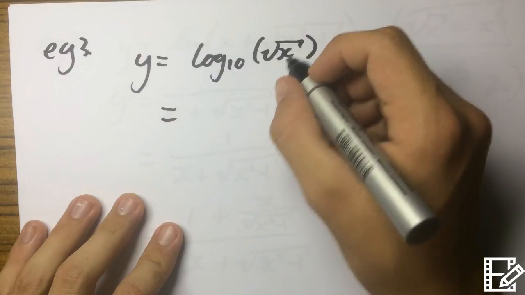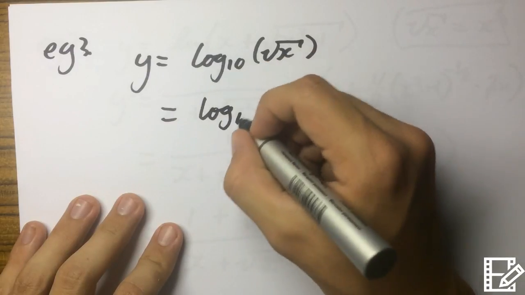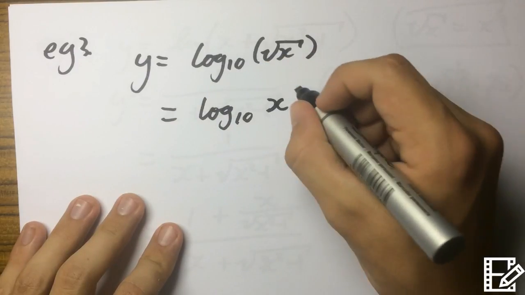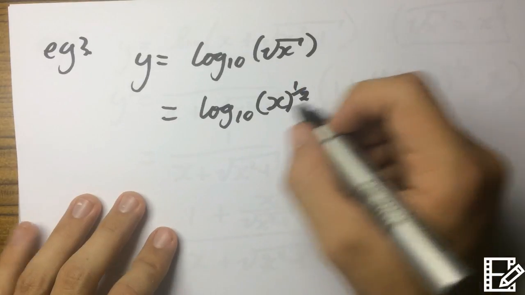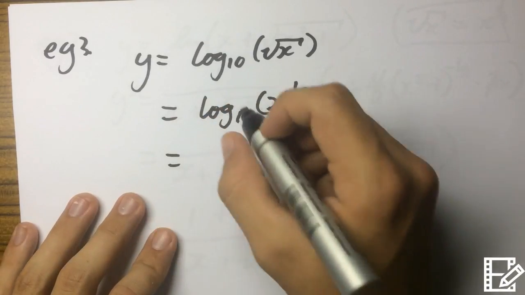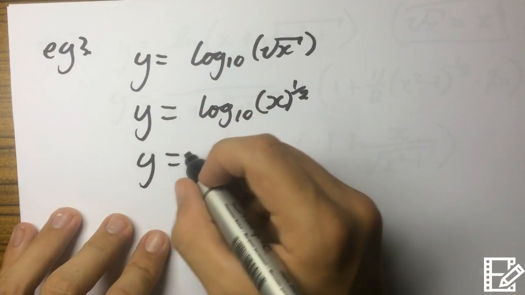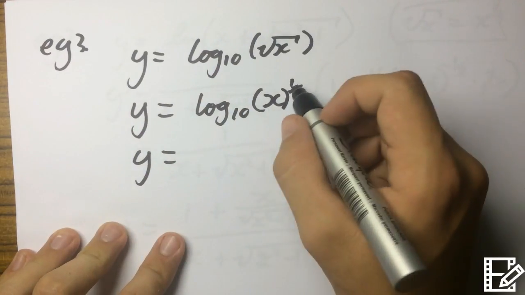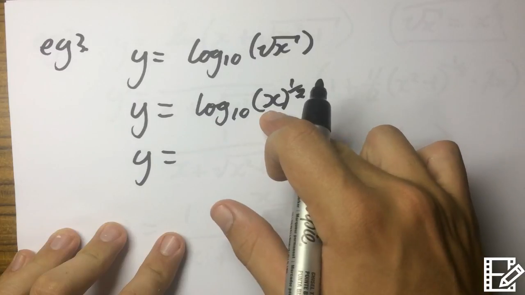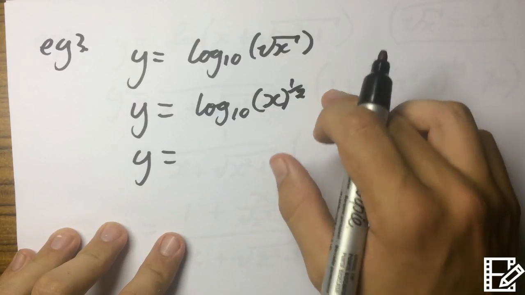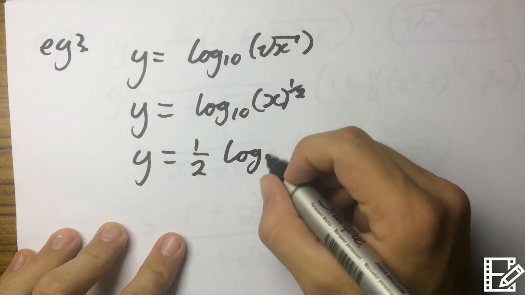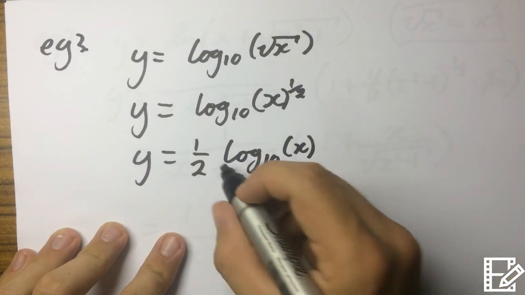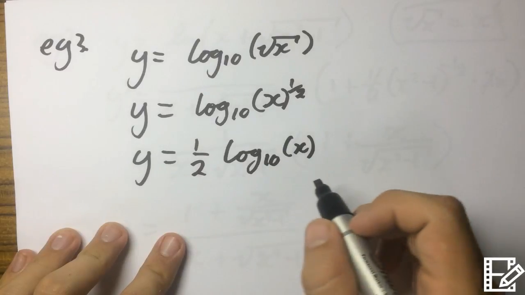So first of all, this is the same as log to the base 10 of x to the power of a half. Now, I haven't derived it yet, this is still the original function. Log laws means if this x has a power, we can actually bring that power down the front and multiply it on. These are all the exact same.